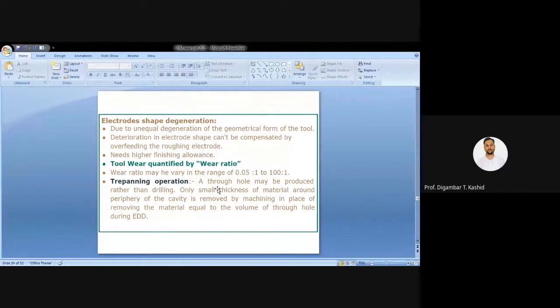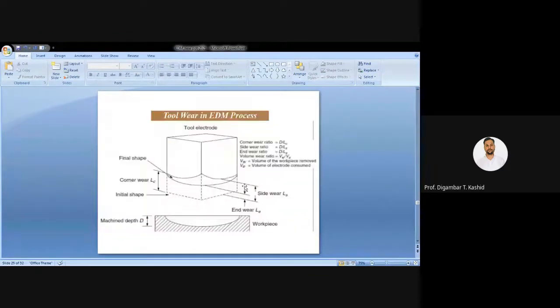Suppose material is removed up to here, as you can see. In this kind of operation, material is removed throughout. Instead of removing the whole volume, we can use a tool, so that only a portion is removed from the workpiece. The tool-shaped volume of material is removed in that case. Whatever operation is done this way, where the material is removed, is called the trepanning operation.